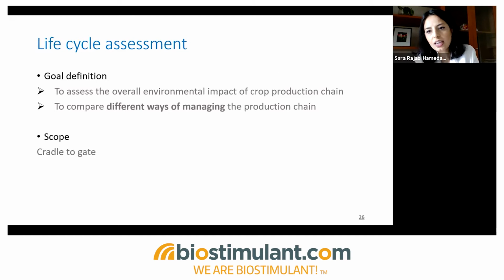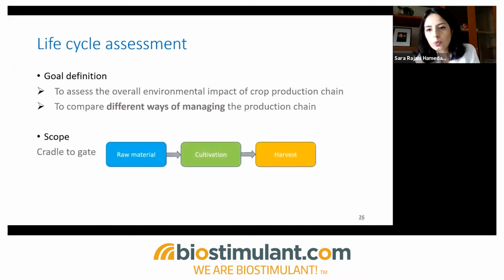This study is carried out in a cradle to gate scope, including all phases from raw material production and cultivation to harvest of crop produce. And because we are dealing with an agricultural production system, the functional unit will be 1 ton of crop produce.